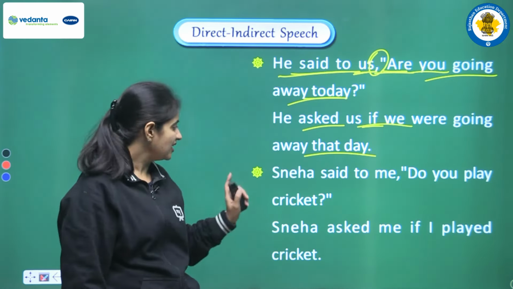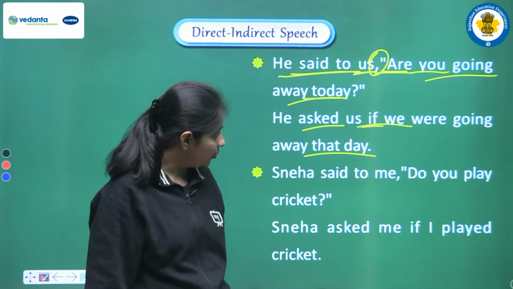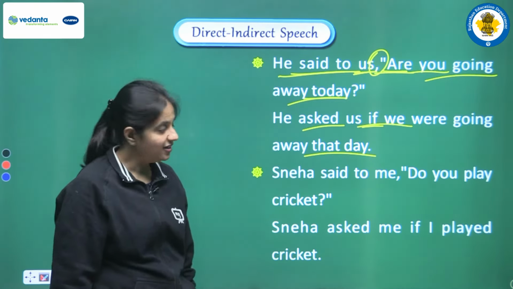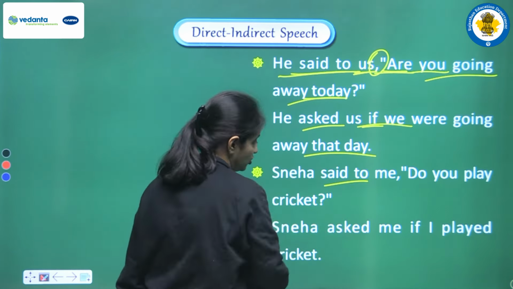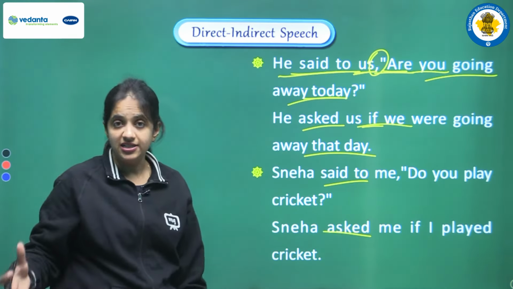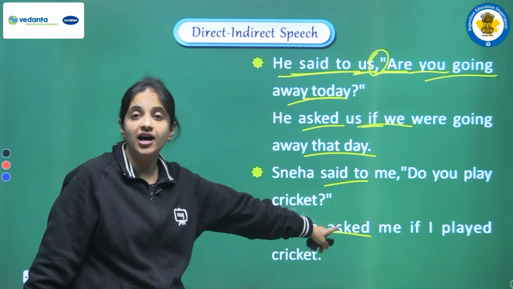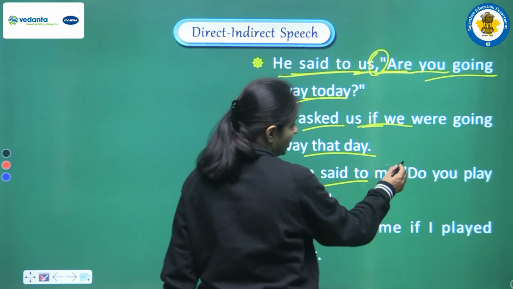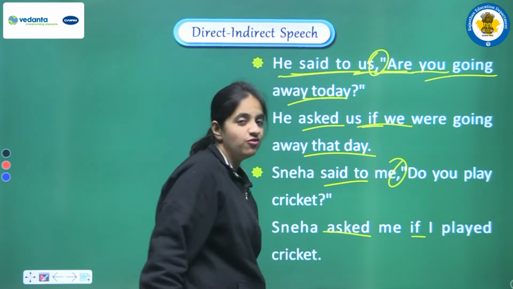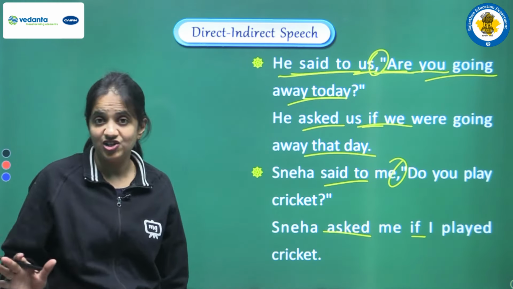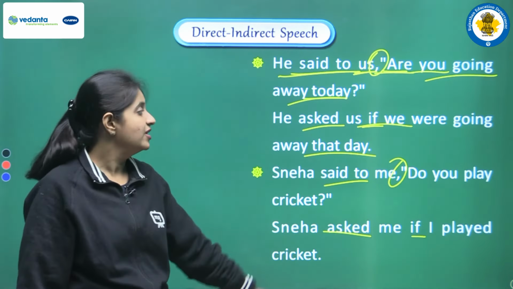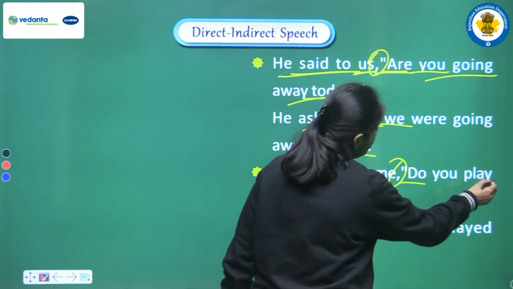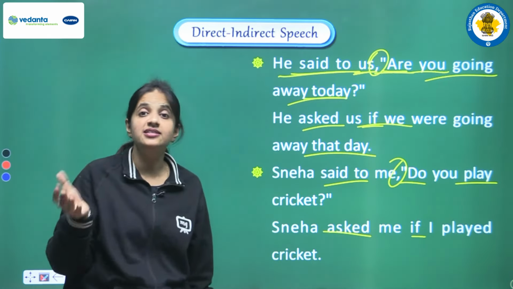Okay. Next is: Sneha said to me, "Do you play cricket?" So let's see. First of all, "said to" will be changed into "asked". So we are having "Sneha asked me". Next, we are removing the commas, and in the place of comma we are adding one conjunction. The conjunction is "if". After that, here we are having "do play", that is present simple tense.